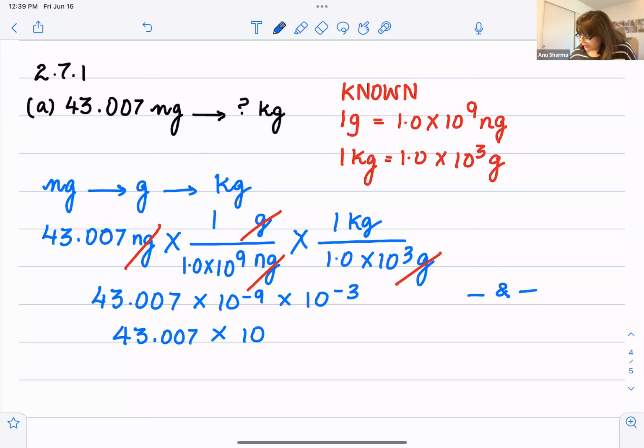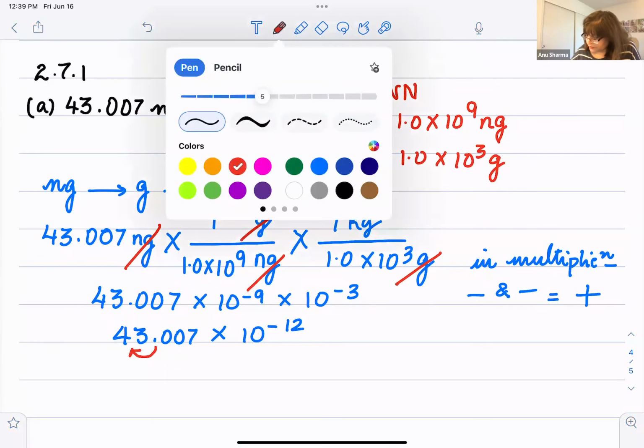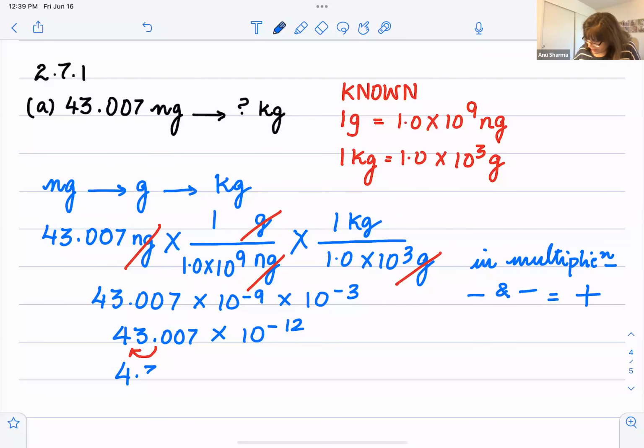In multiplication, the exponents are added, so this becomes negative 12. Okay, but we need to write this number in scientific notation. So this decimal gets moved one place, and this becomes 4.3007 into 10 to the power negative 11 kilograms.